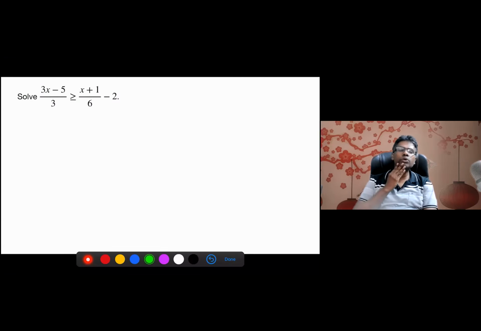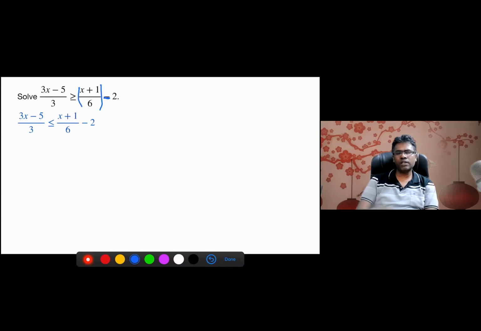Okay, so we'll slowly walk through it. Here, I think you need to be careful. From this entire fraction, you are subtracting 2. So when you do algebra, you have to be careful. What I'm doing here is, this is the starting point.